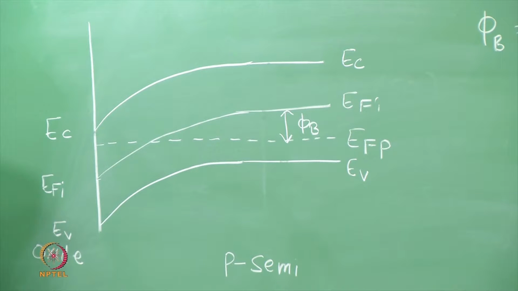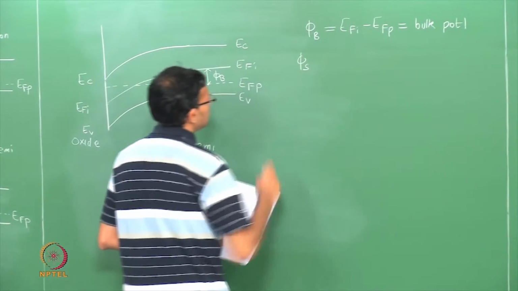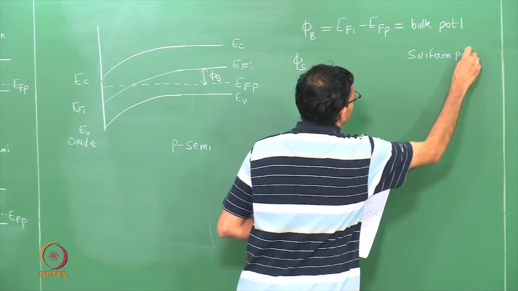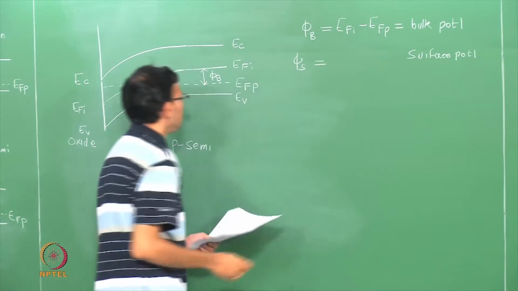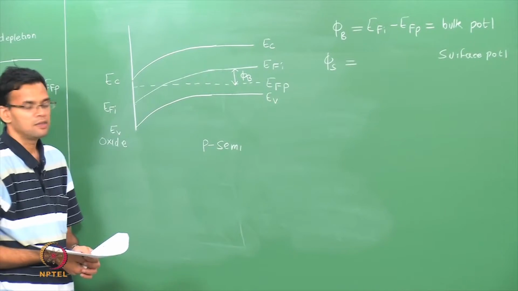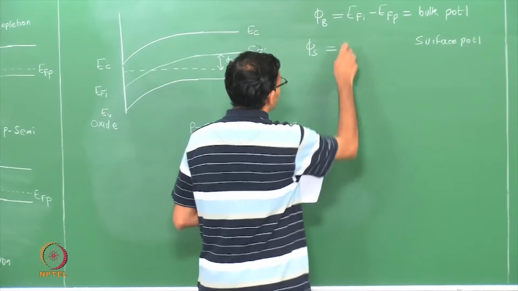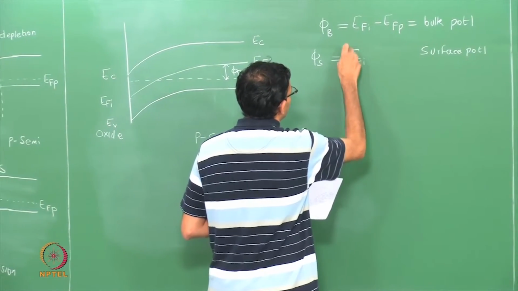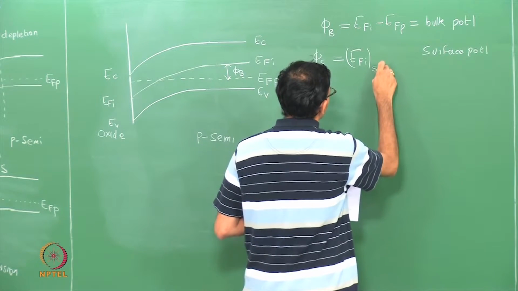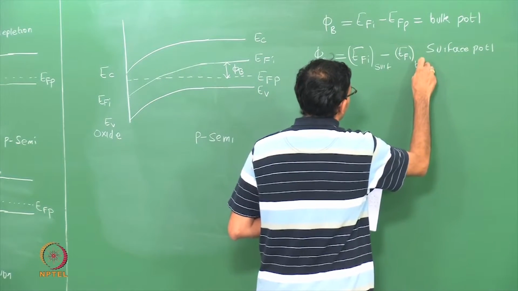So, in this case we can also define a surface potential psi s, which is the difference between the intrinsic Fermi level in the bulk and the intrinsic Fermi level at the surface. So, psi s is EFI at the surface minus EFI in the bulk.